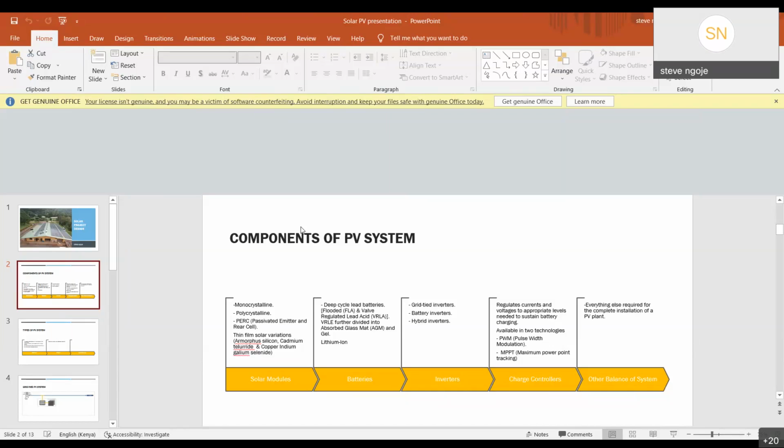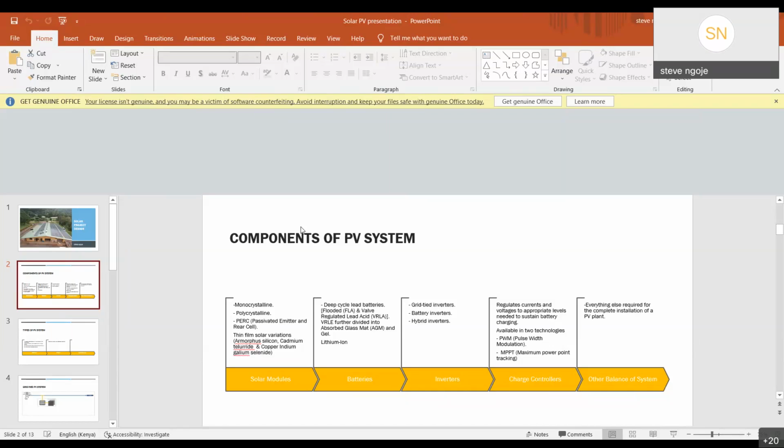We have the monocrystalline. I'm sure most of you have heard of this. They are the most efficient solar panels. They used to be the most efficient before an upgrade. And so these are pretty much made from single crystalline materials.